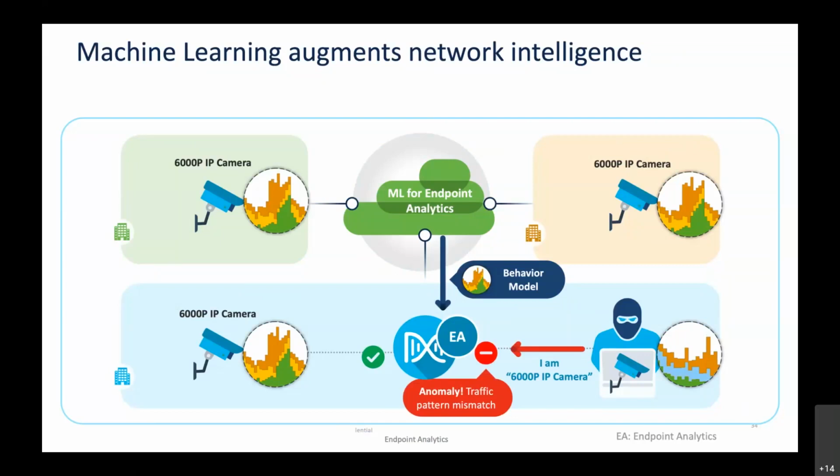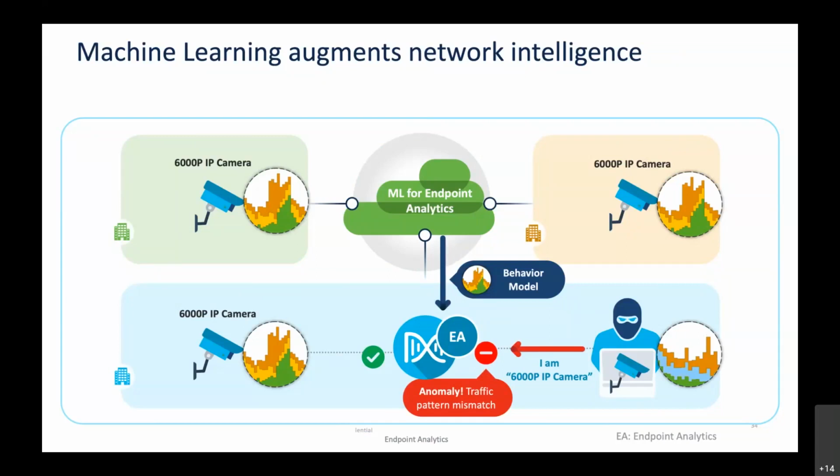In this example, the IP camera on the left is connected to the network, and based on the way this endpoint is communicating on the network, it matches what we've typically seen, and we think that this is indeed an IP camera. However, on the right-hand side, we look at the behavior model and identify that this endpoint says that it's an IP camera, but based on its profile and its behavior, we're not seeing a match here, and we think that something anomalous is happening.